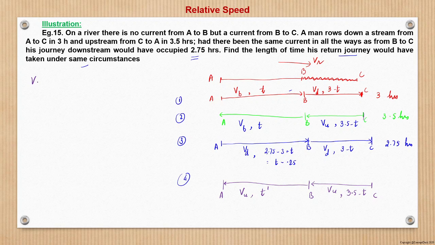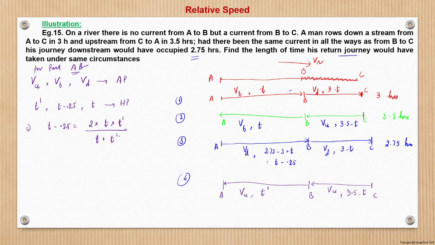So since VU, VB and VD are in AP, we can say that T dash, T minus 0.25 and T will be in HP. So from here we can say that T minus 0.25 is nothing but 2 into T dash upon T plus T dash, right?